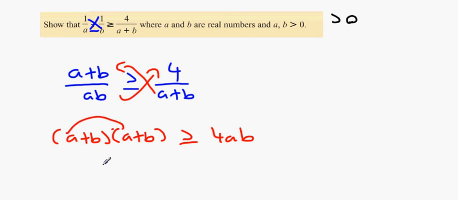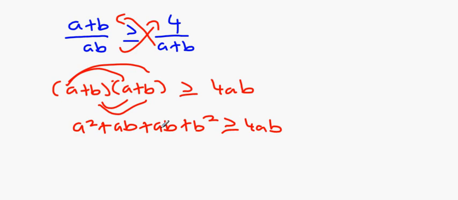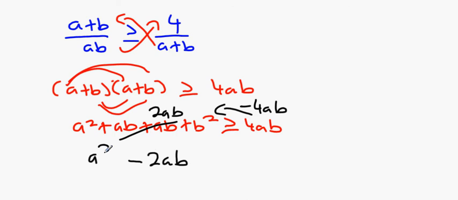Multiply them out, we get a squared plus ab plus ab plus b squared greater than or equal to 4ab. This here is going to be 2ab. Bring over this and you get minus 4ab. 2ab minus 4ab is minus 2ab. We get a squared minus 2ab plus b squared greater than or equal to 0.